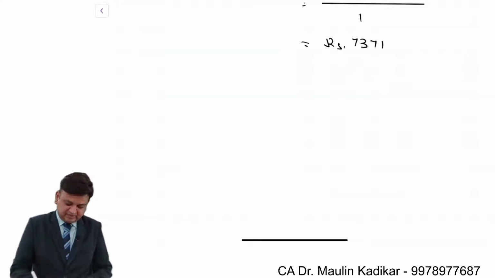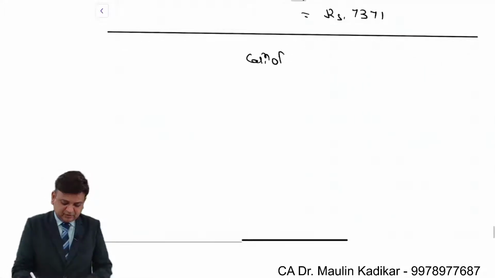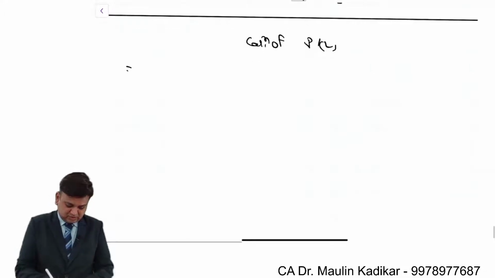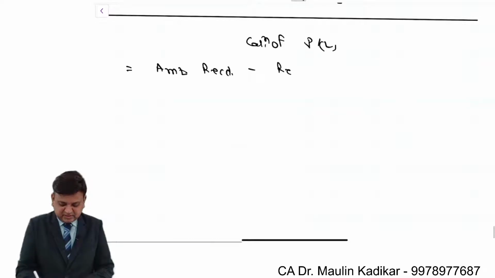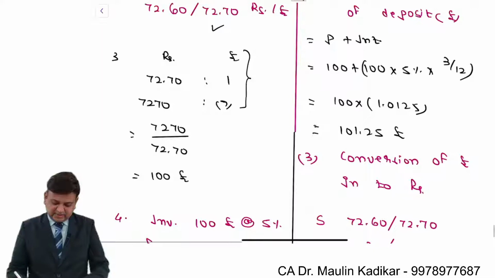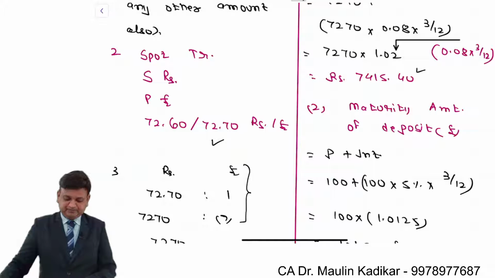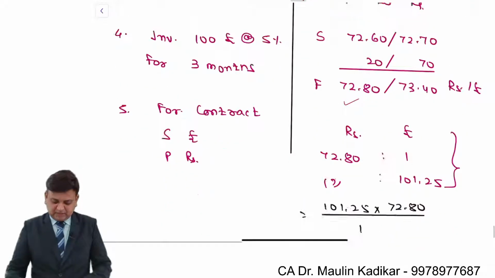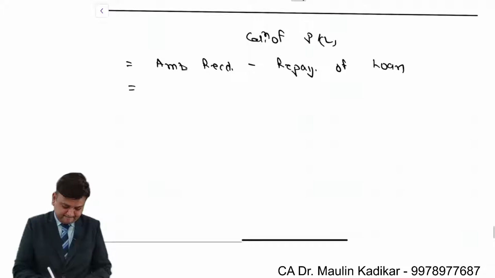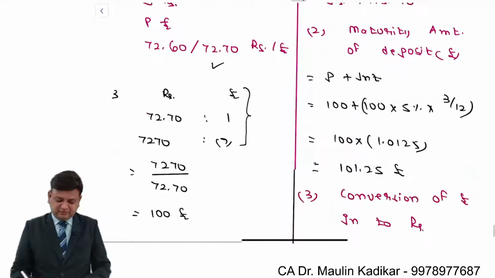Now at this point we'll make the computation of the profit or loss. Calculation of profit or loss: amount received minus repayment of loan. The amount received by you is, sorry, 7371, minus the repayment of loan, which is 7415.40.